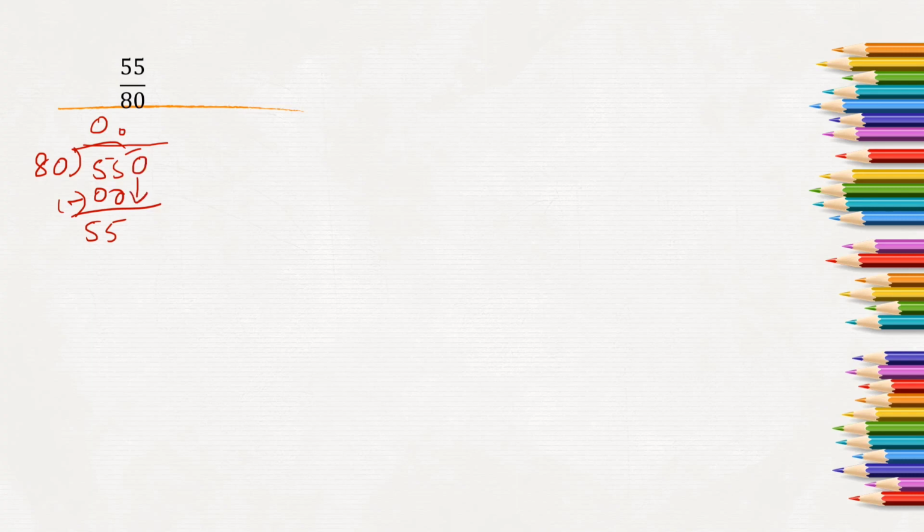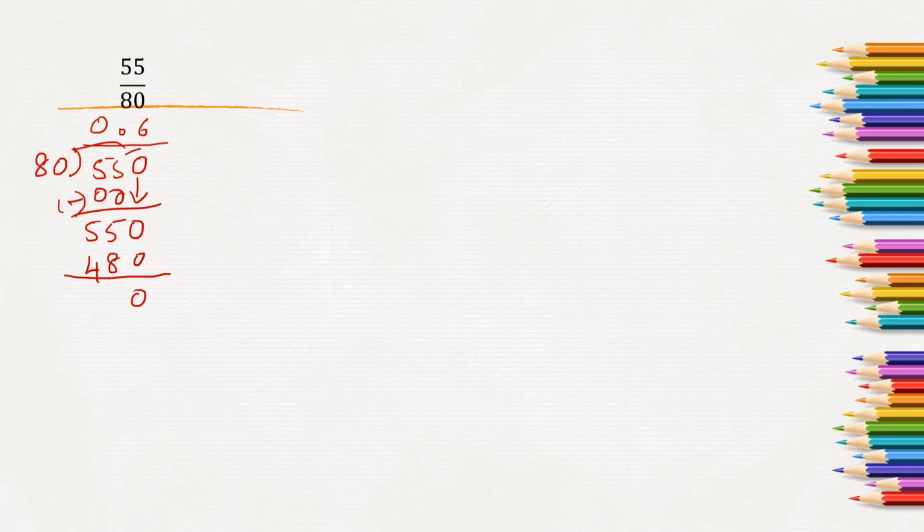Bring down that 0. So it will be 550 when we regroup. 8 5 times will be 40, 8 6 times will be 48, and 8 7 times will be 56. 560 will be more than 550. So we'll stop at 8 6 times, that is 480.